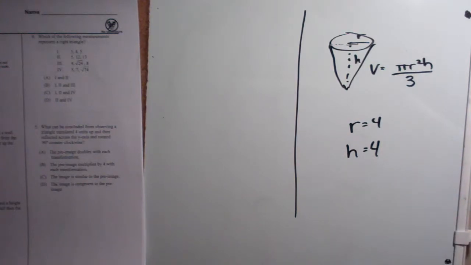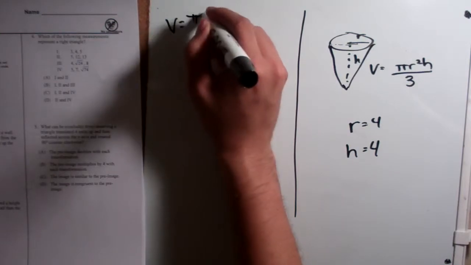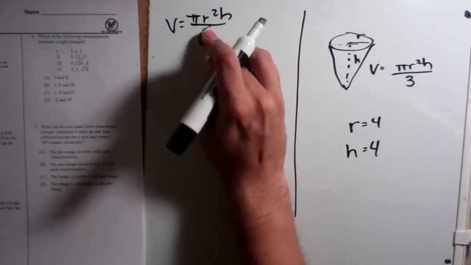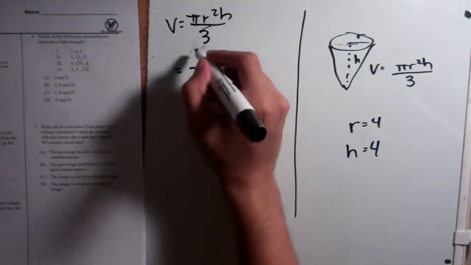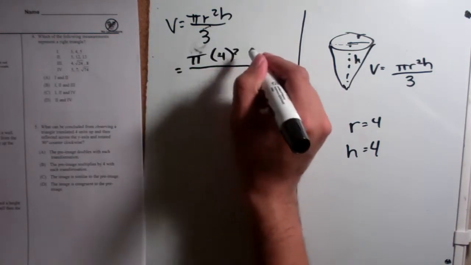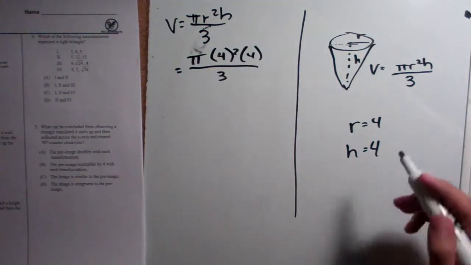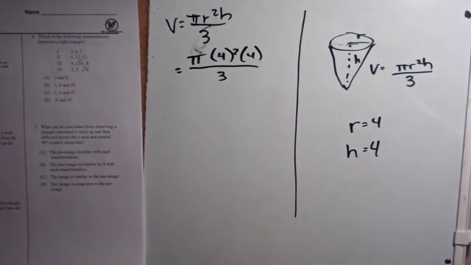Okay, so let's go ahead and compute the volume according to this. So just writing the formula out. Okay, and inputting what we know. Oops, there should be a 3. So pi times 4 squared times 4, which is our height, and divided by 3. So all I'm doing is taking my r, inputting where I see it here, my height, and inputting where I see it here.